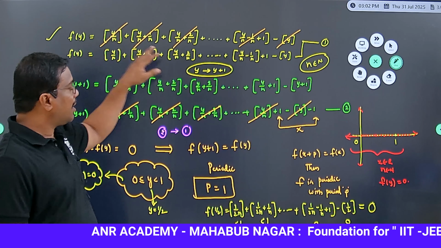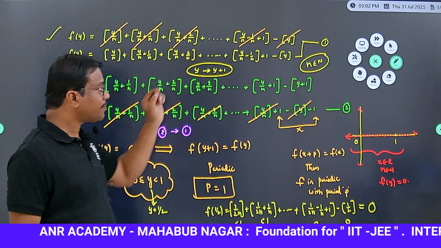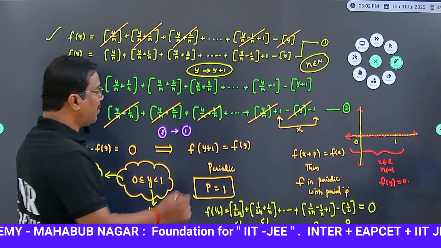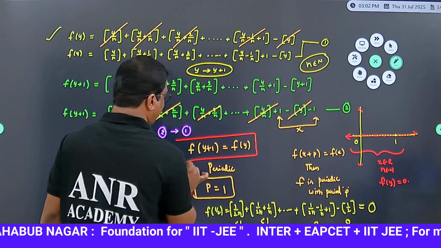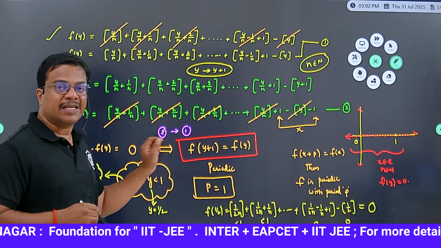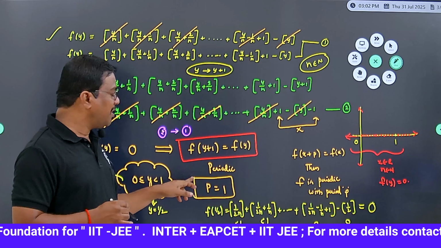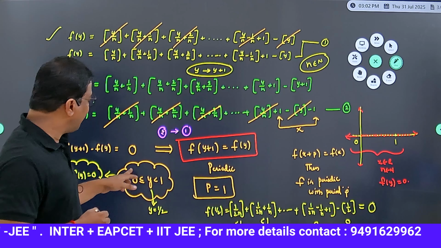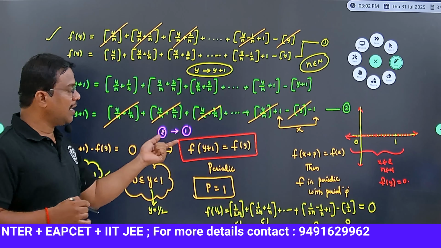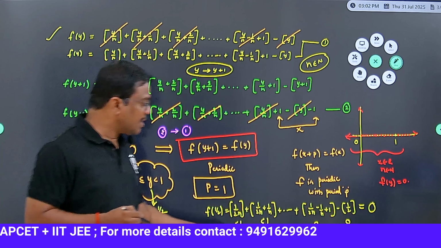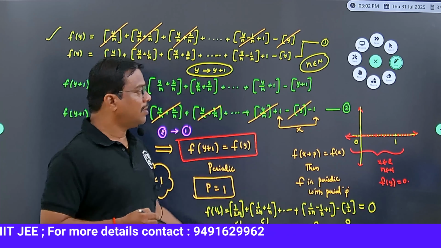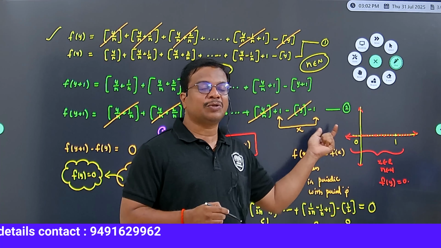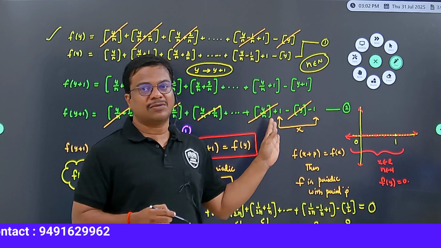Just replacing y with y plus 1 and subtracting them, we got the relation f of y plus 1 equal to f of y. And from this, I can say that the function is periodic with period 1. So, from 0 to 1, whatever value we substitute, the functional value gives the result 0. So, in the interval 0 to 1, functional value 0 implies, due to periodicity, 1 to 2 also 0, 2 to 3 also 0.